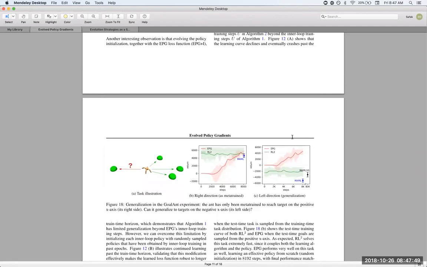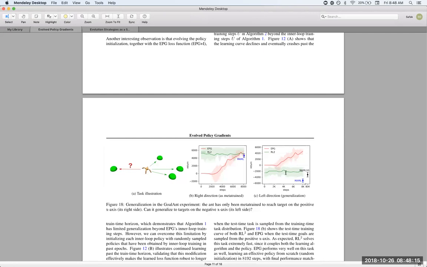But this is where the difference is. The EPG returns, the red line, is much higher than RL squared when you test it on this new target that is from a different family, a slightly different task, because the target lies on the negative x-axis on the left-hand side of the ant.